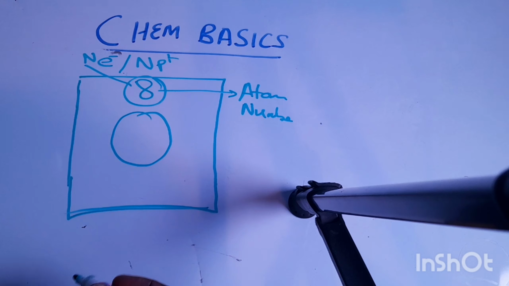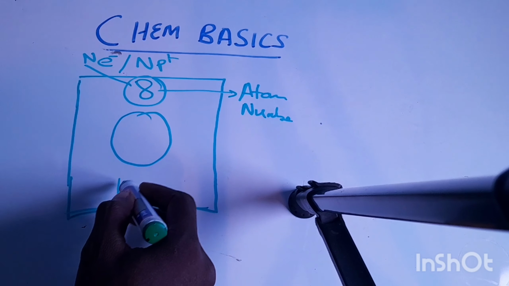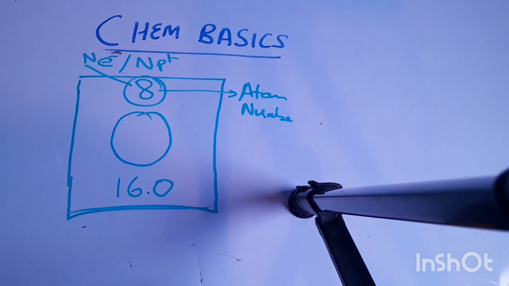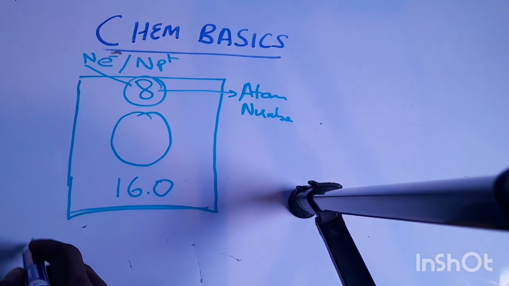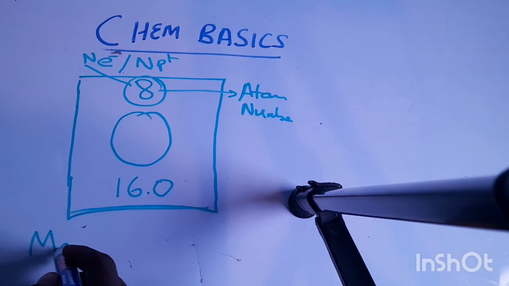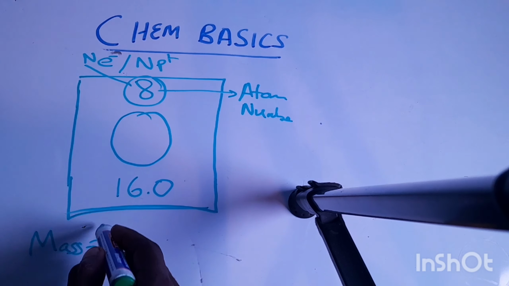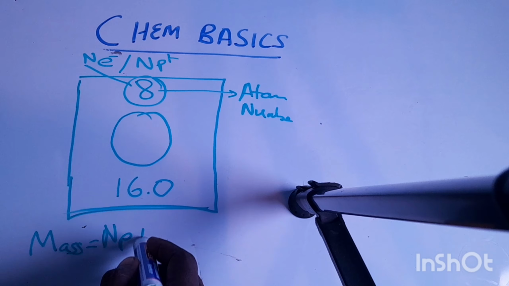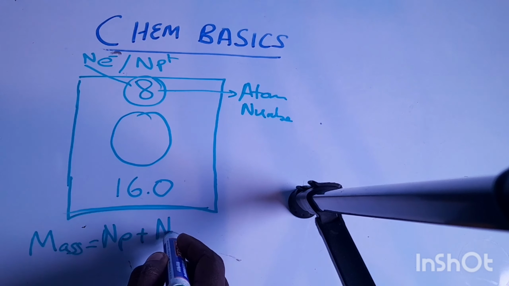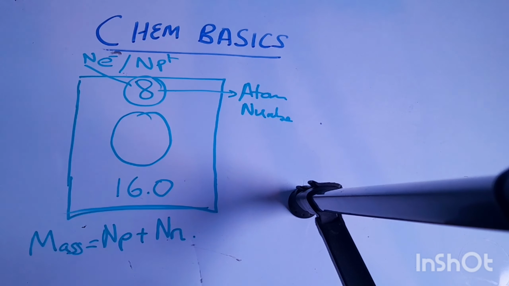And we have this number below, which is the mass number of oxygen. I explained that the mass number is equal to the number of protons plus the number of neutrons, right?